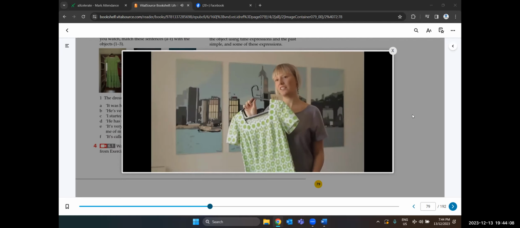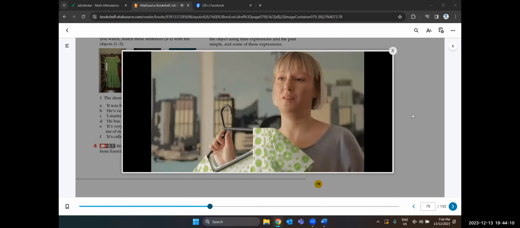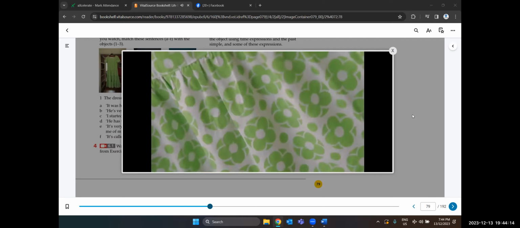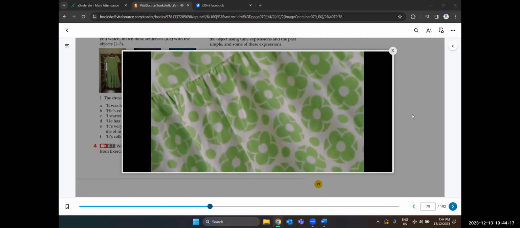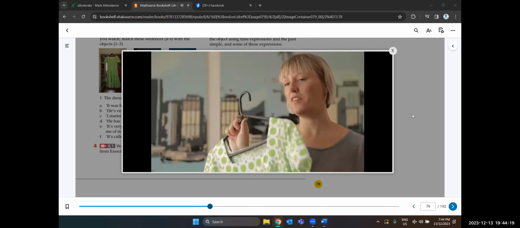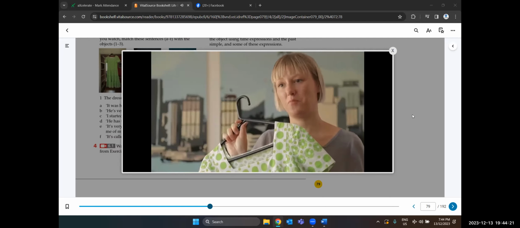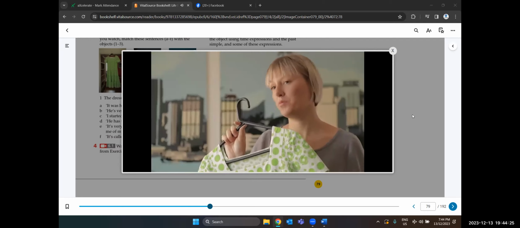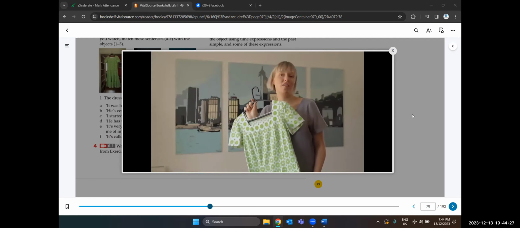So I started to wear it a lot, and my friends asked me, wow, who is the designer? Where does it come from? It's very important to me because it reminds me of my mum, of my family, and of my home, where I was born and where I grew up.